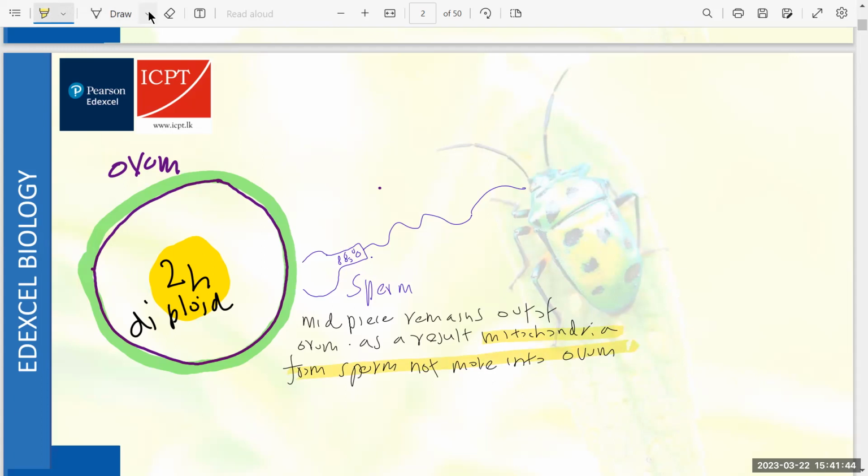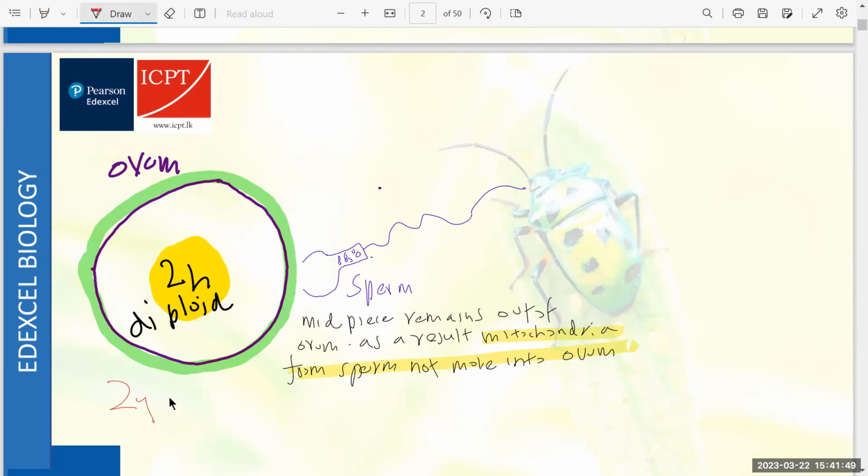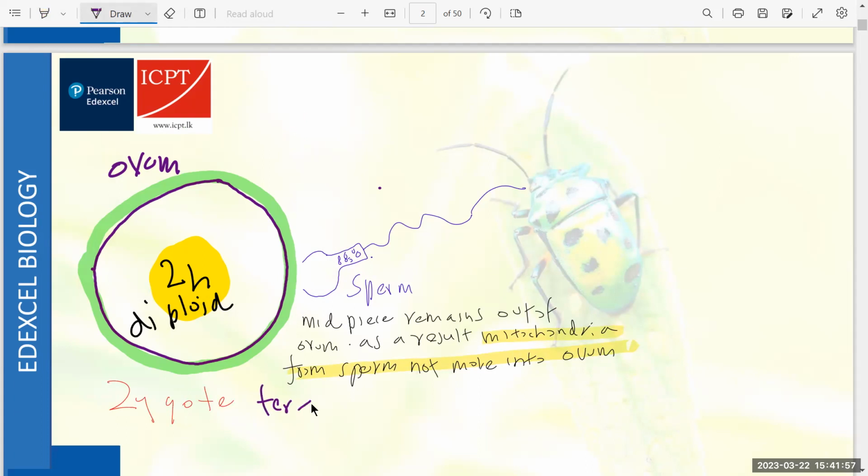So this is now what we call a zygote. This cell is called a zygote. Zygote is a fertilized egg cell. So this is the last step.